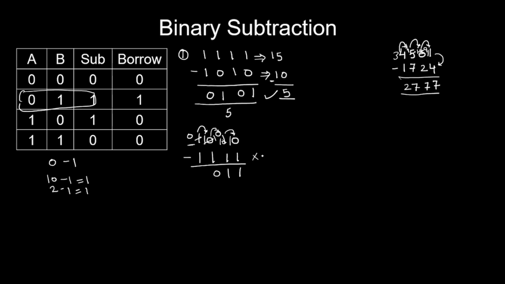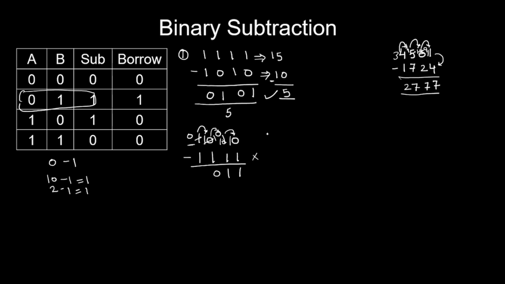This we will learn in our next video, binary subtraction using one's complement and two's complement. As of now, you can consider that if there is no column from where you can borrow, that means the first number is smaller than the second number, and your answer will be negative.